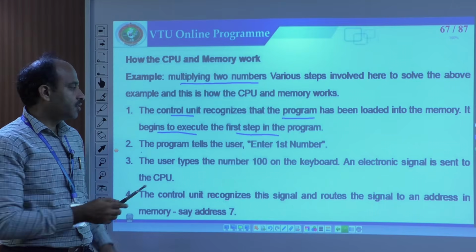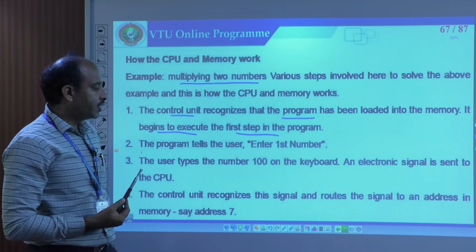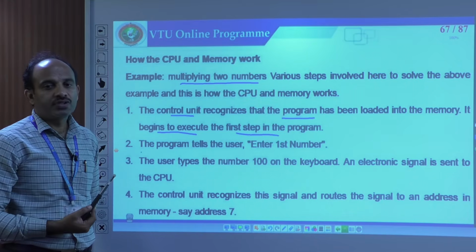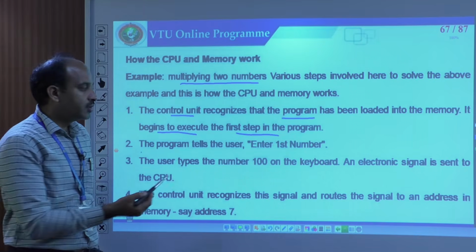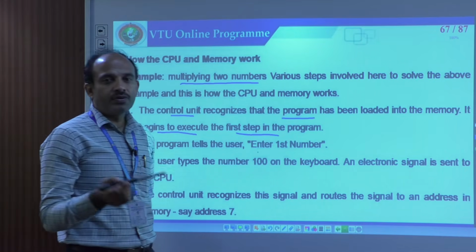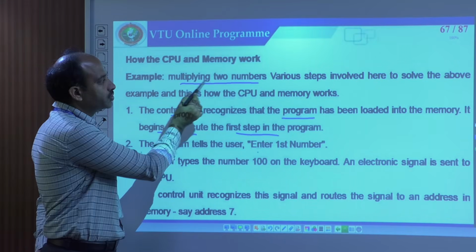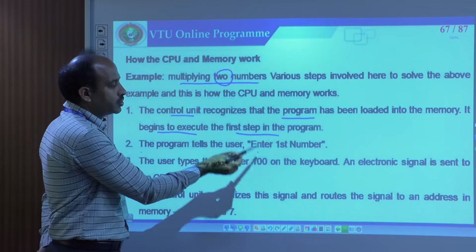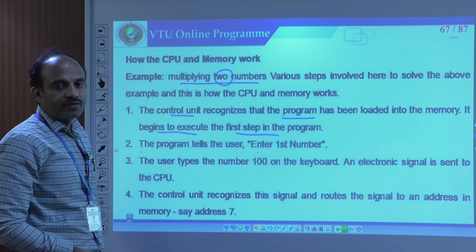What is the first step in the program? You have an instruction to the user, as you have written: enter the first number. That means you need to send one number, because the question is to multiply two numbers.